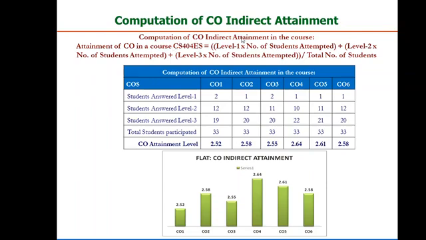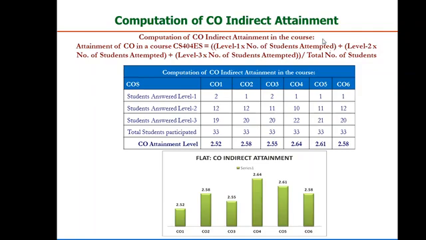So in the feedback questionnaire, CO wise levels are given as options. For a particular CO, a particular student may answer with any of the three levels, either level 1 or level 2 or level 3, based on their understanding.